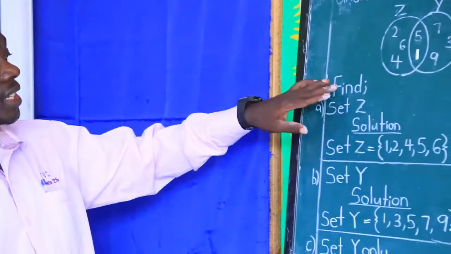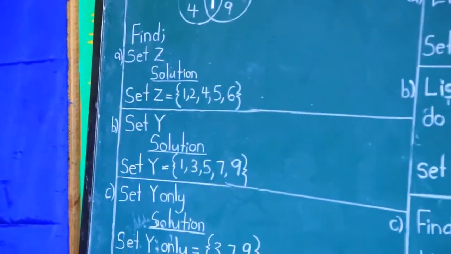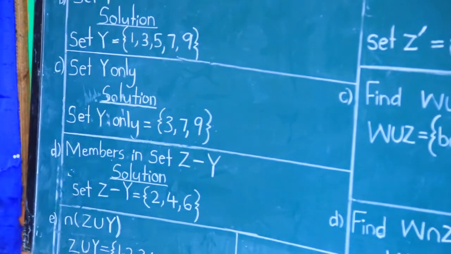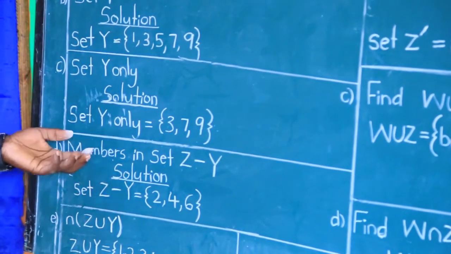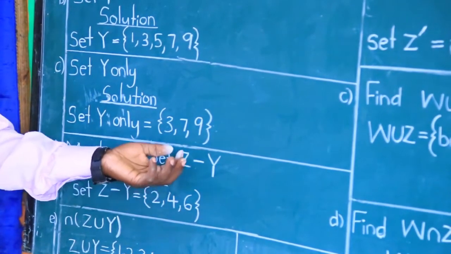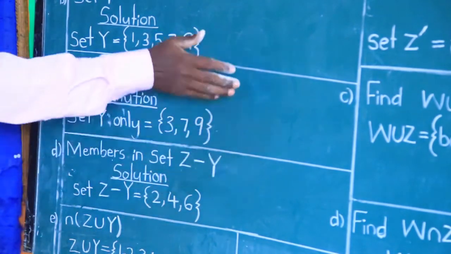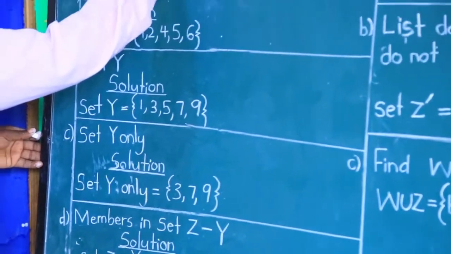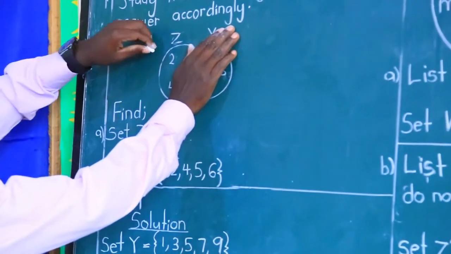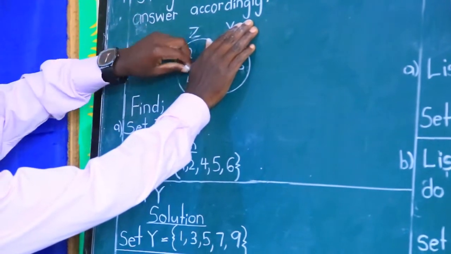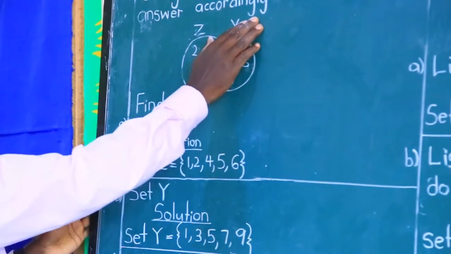Then part D says find members of set Z take away Y. Meaning, hide the entire Y. Well, the members hidden now, the members seen are 2, 6, 4, or 2, 4, 6, or 6, 4, 2. Any order is correct.